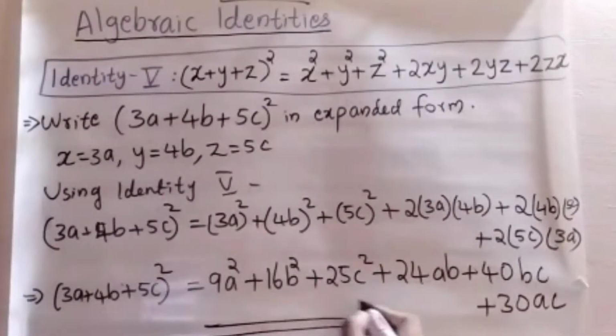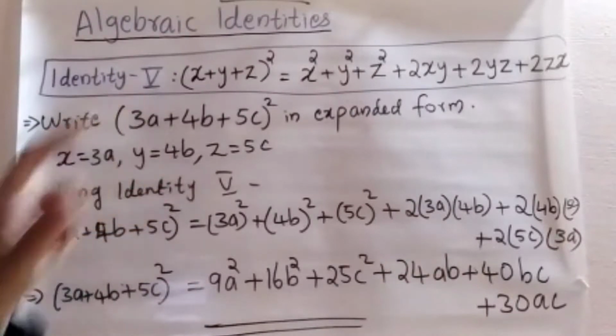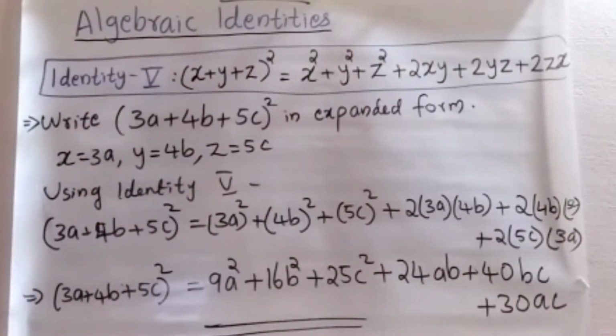This is the expanded form of the question (3a + 4b + 5c) whole square. Here we have used identity 5.